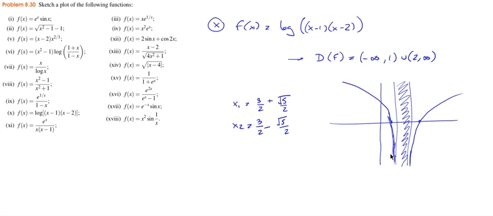And one way to see it is that you can write this as the logarithm of x minus 1 plus the logarithm of x minus 2, right? And so when x is positive, this is the sum of two logarithms, so you have this.